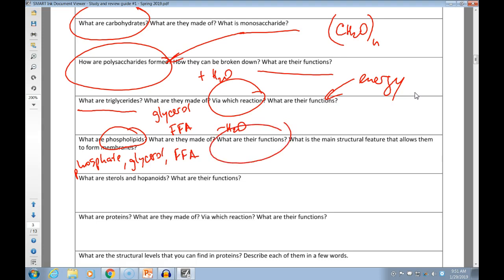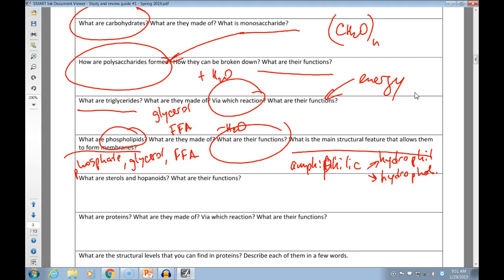Functions, the membrane, main structural feature, they are amphiphilic, meaning they have hydrophilic and hydrophobic parts. Sterols and hopanoids strengthen the membranes. Sterols in eukaryotes, hopanoids in bacteria.